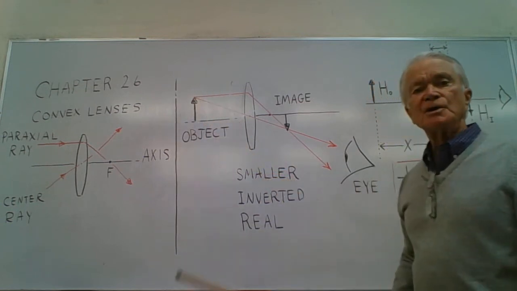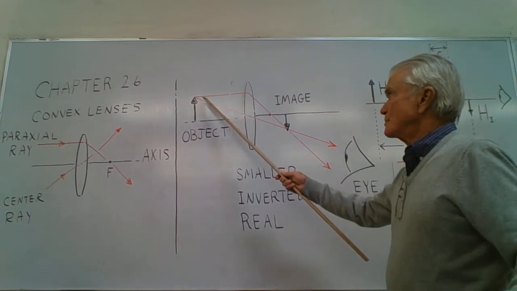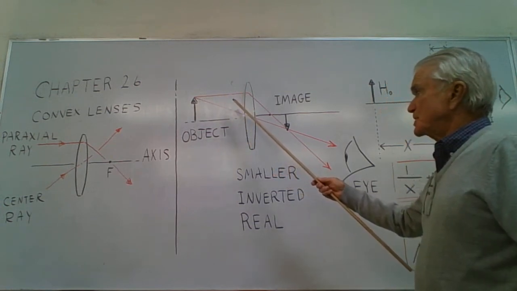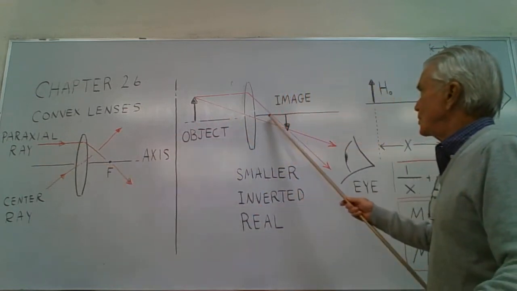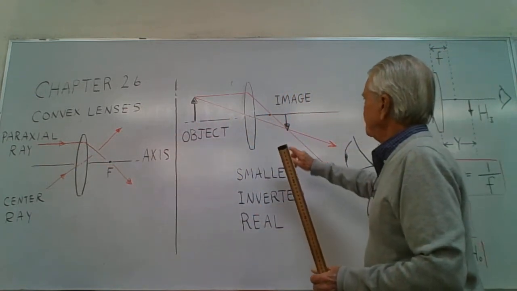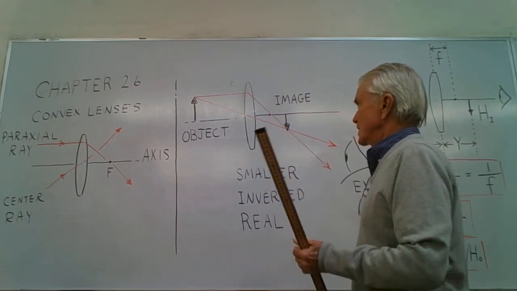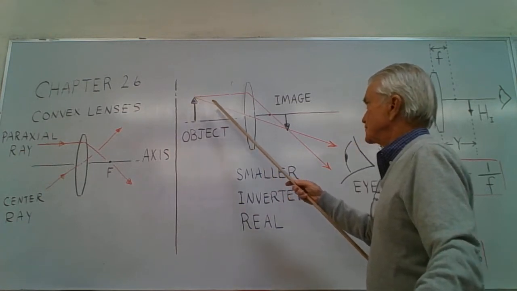We're only going to follow those two rays shown here, one of them being a paraxial ray that, as we have just seen here, bends through the focal point, which is here. The other ray that we choose to follow passes through the center.